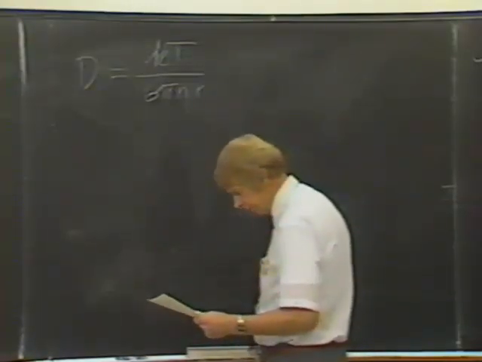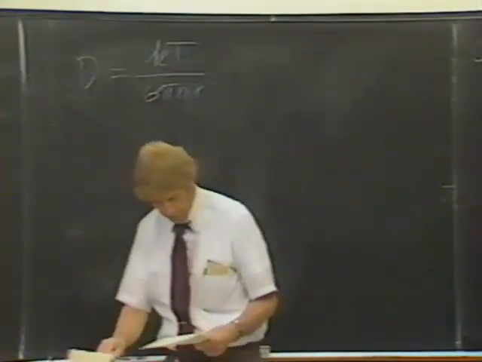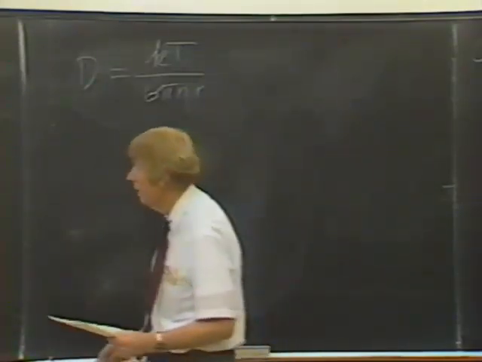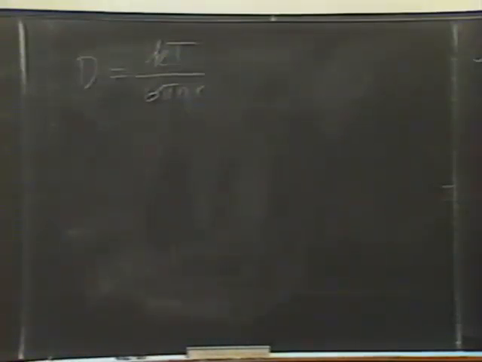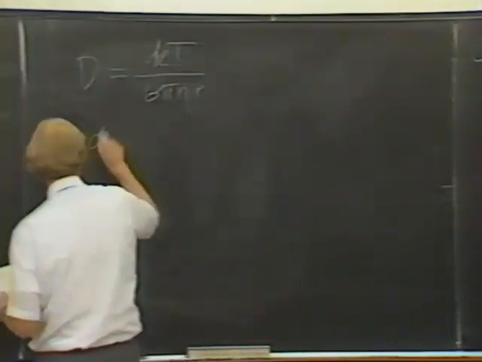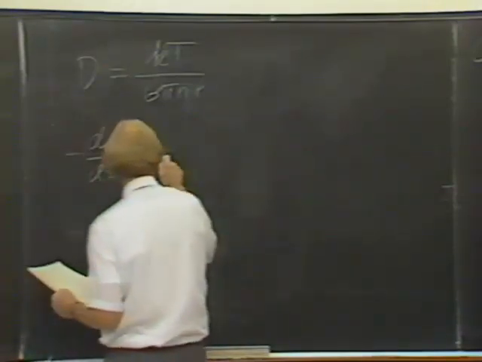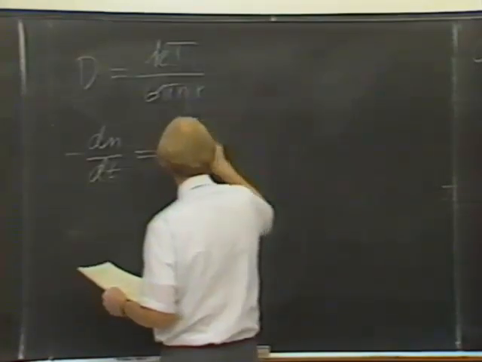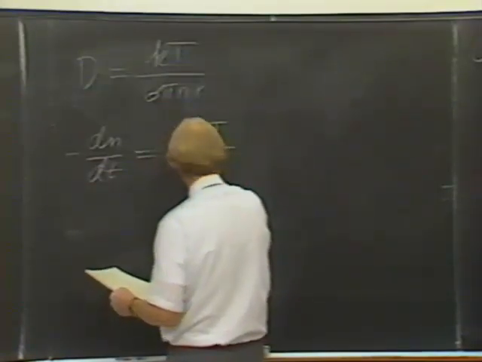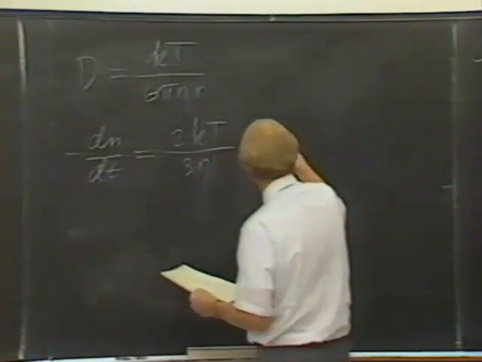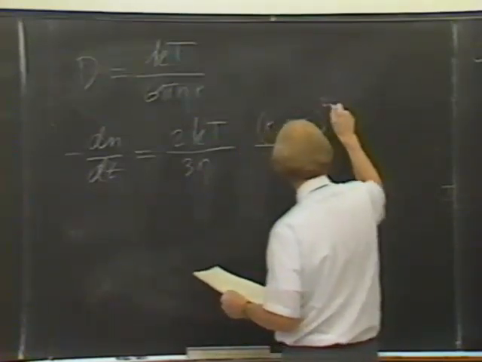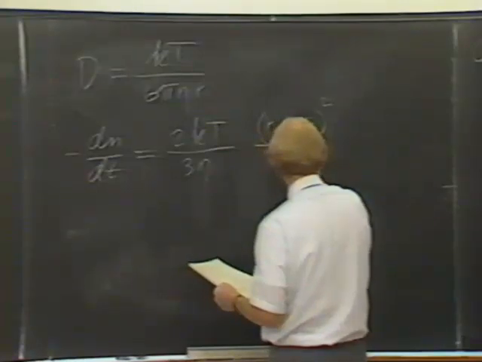So if we combine this with that relationship, we have minus dN/dt is equal to 2kT divided by 3 eta, times (R1 plus R2) quantity squared divided by R1 times R2, times n bar squared.